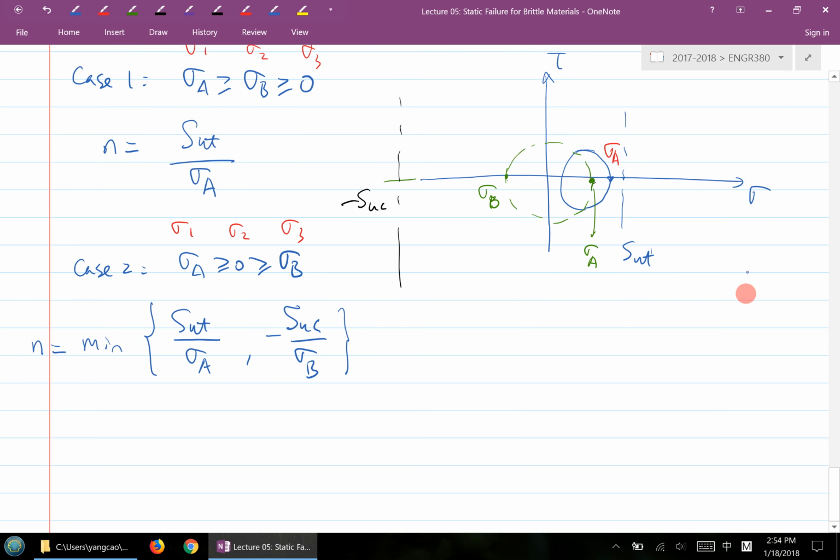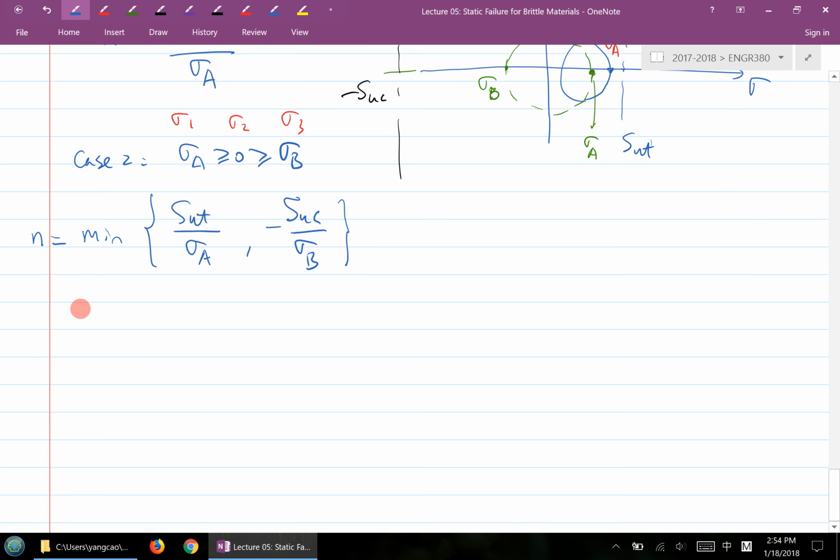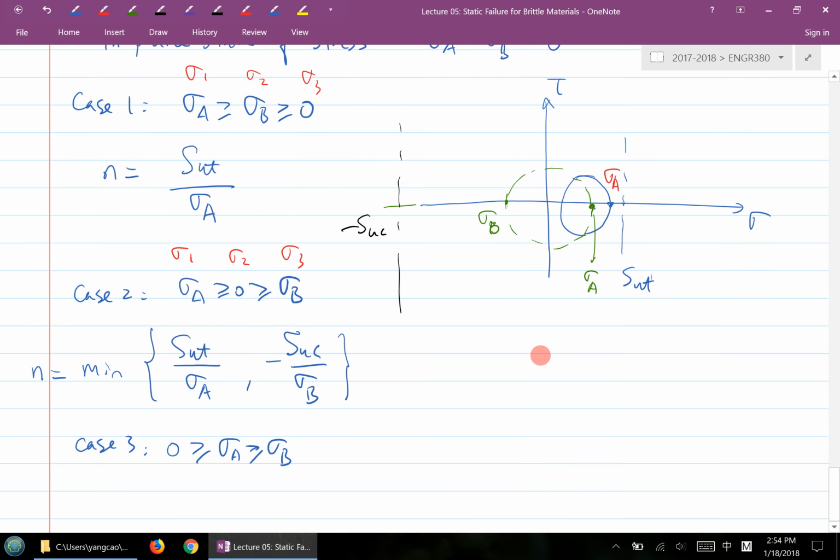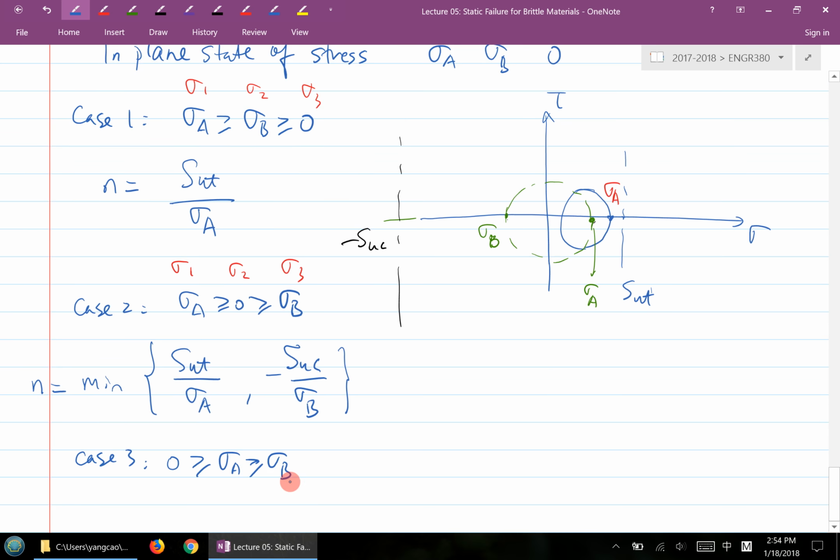And case number 3 is when you have 0 greater than sigma A and then greater than sigma B. For this scenario, both sigma A and sigma B are less than 0. So your Mohr circle will definitely be on the left side of the plane now.